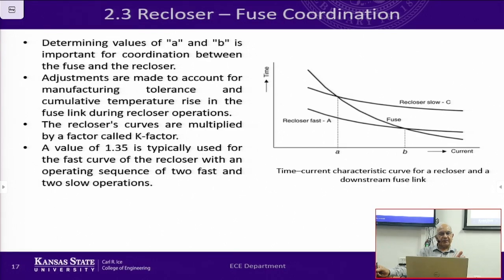If you have too fast, too slow, one fast, too slow, those kind of things. So manufacturers typically provide a K factor, and that K factor has to be used to adjust the characteristics.